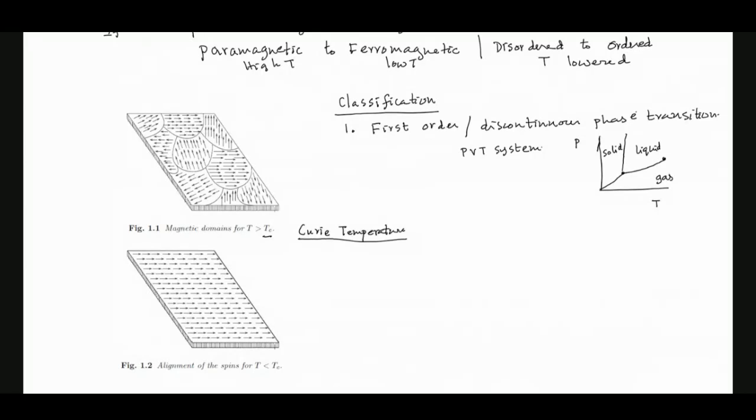You can have a phase transition from here to here, or from here to here: from solid to liquid, or liquid to solid, from liquid to gas, and gas to liquid. All these phase transitions that I have drawn arrows for are first order phase transitions. In a first order phase transition, latent heat is involved.